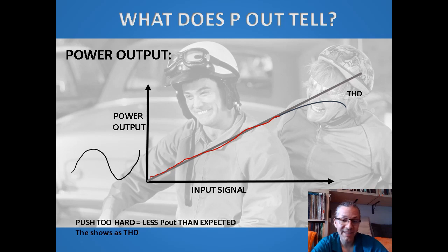But when you start leaving that comfort range, when you are starting to deplete the power supply reserves, when you are reaching the top of the linear range of any of the amplification stages within your amplifier, then even though you are increasing the input signal, the power output is not increasing as much.